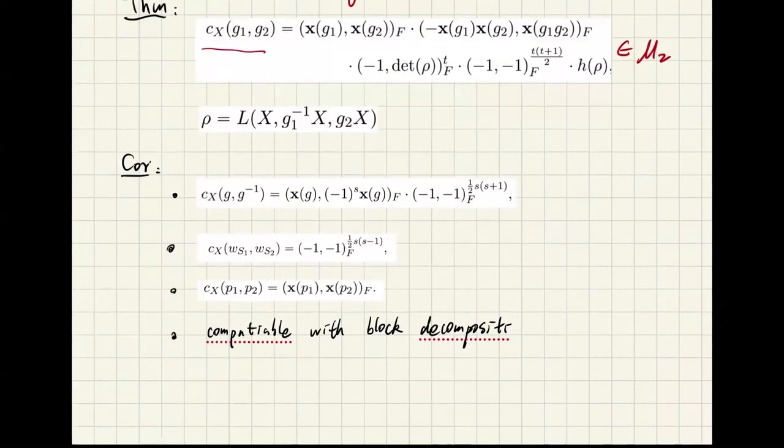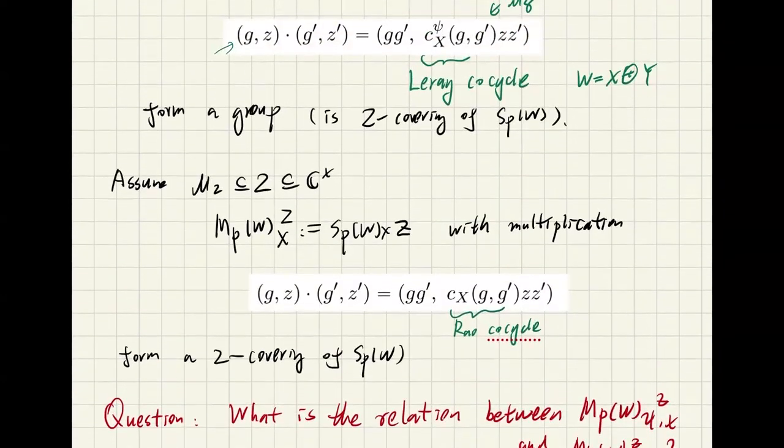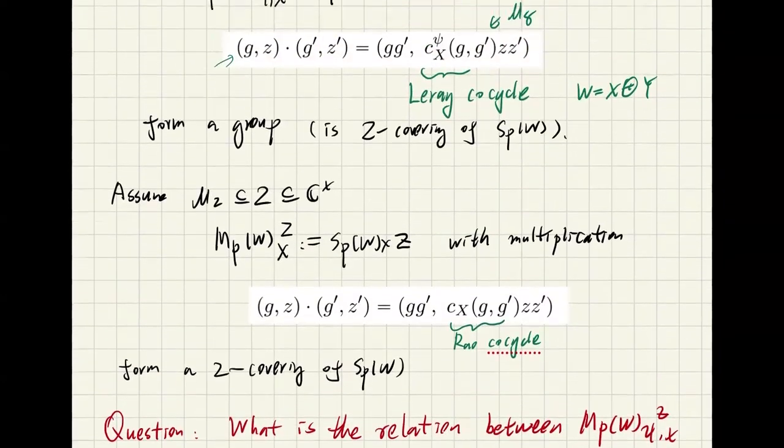Therefore, for any subgroup of C cross which contains mu2, which is just plus or minus 1, you can define an abstract group consisting of Sp(W) and C, given by this cocycle.